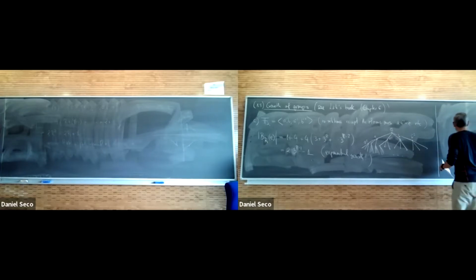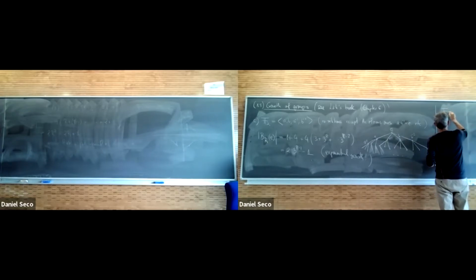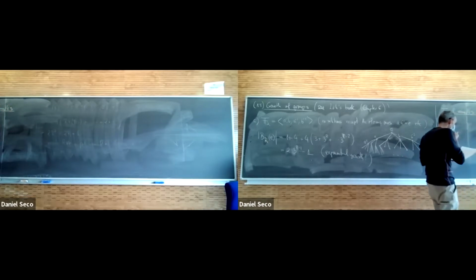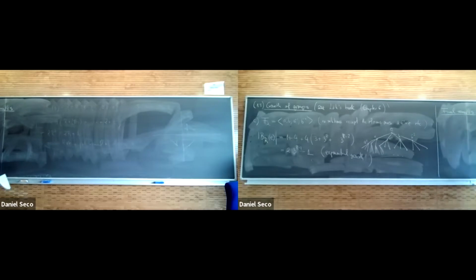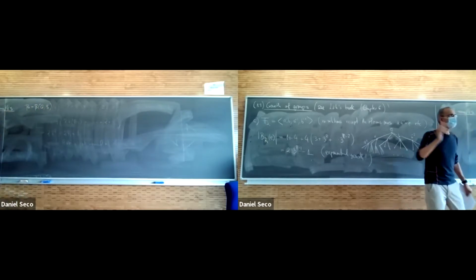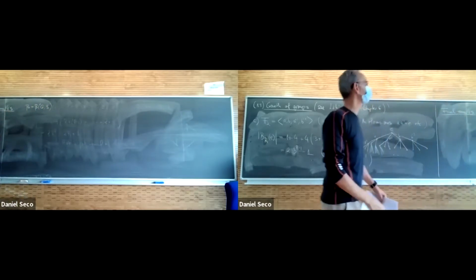Okay, remarks, final remarks. As I told you, beta is a function of t and x. And this is very nicely explained in Lewis' book.